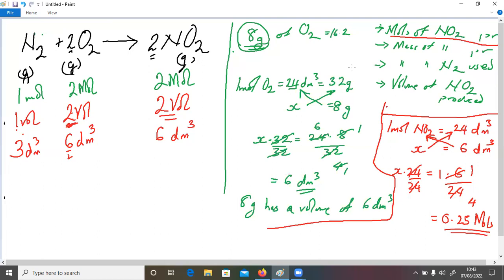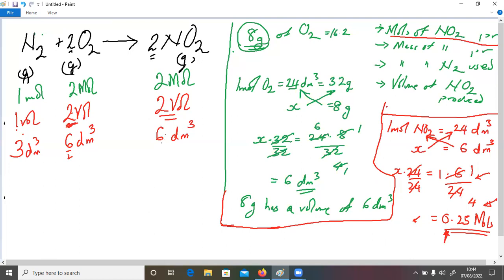Okay. The second question: mass of nitrogen dioxide produced. You can use the calculated volume. But as I said before, if you have a problem with your calculation and you get the wrong answer there, if you use the calculated volume, you are likely to propagate the error to the second answer.